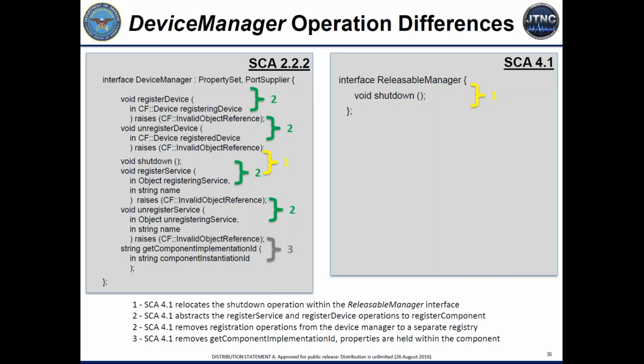And lastly, that get component implementation ID operation was removed also, going from 222 to 4.1.